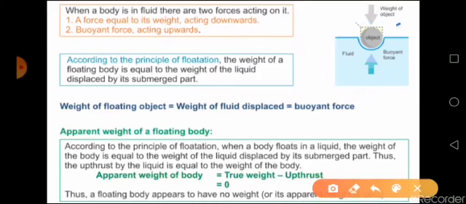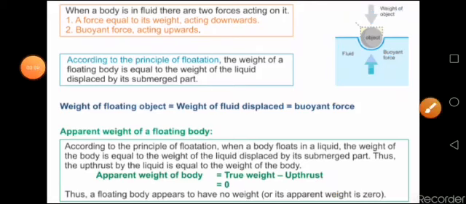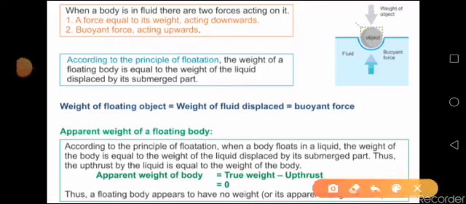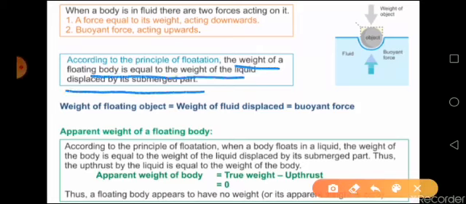One is the weight of the object, which acts downward, and the second is the buoyant force or the upthrust which the liquid exerts back on the object. Now, according to the principle of flotation, the weight of a floating body is equal to the weight of the liquid displaced by the submerged part. This is going to be the statement.